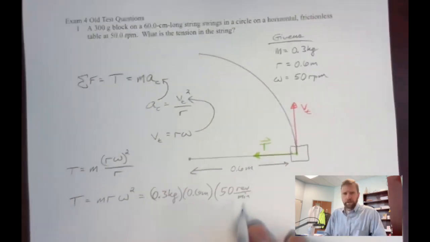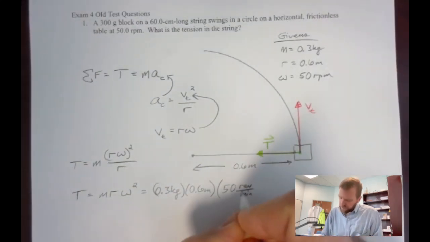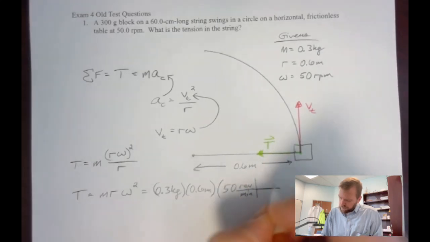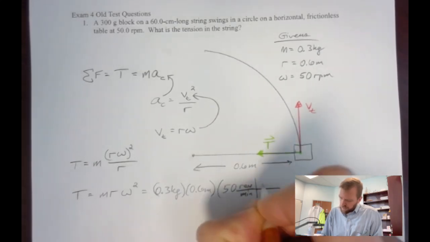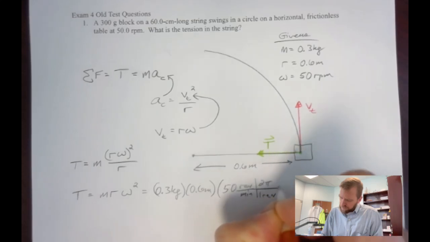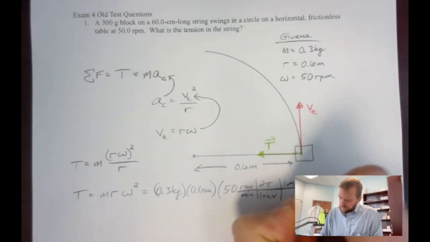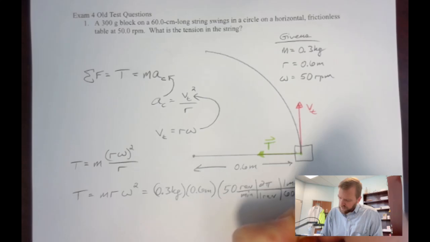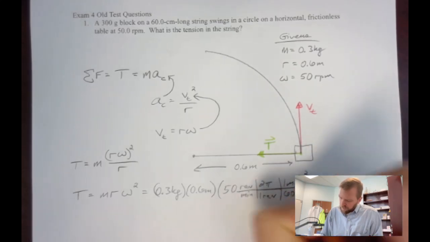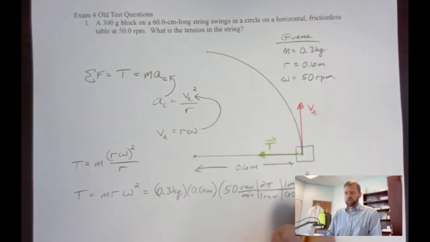And I'm going to go ahead and tuck in the conversion factor right here. So 1 revolution is 2 pi radians, and then 1 minute is 60 seconds. That entire quantity is squared.